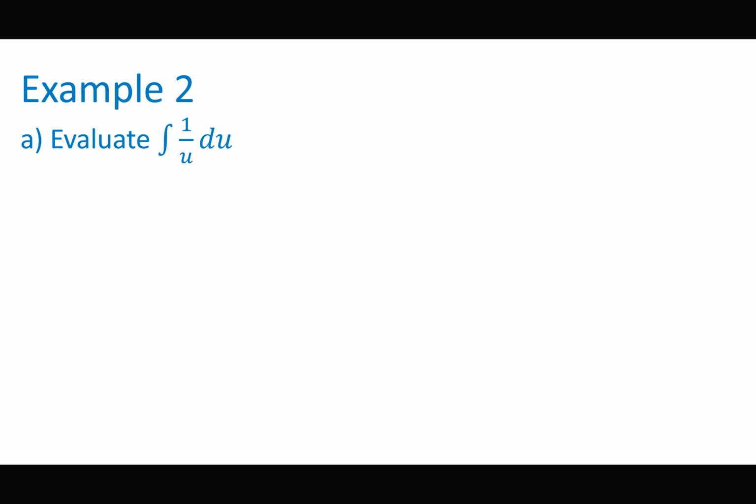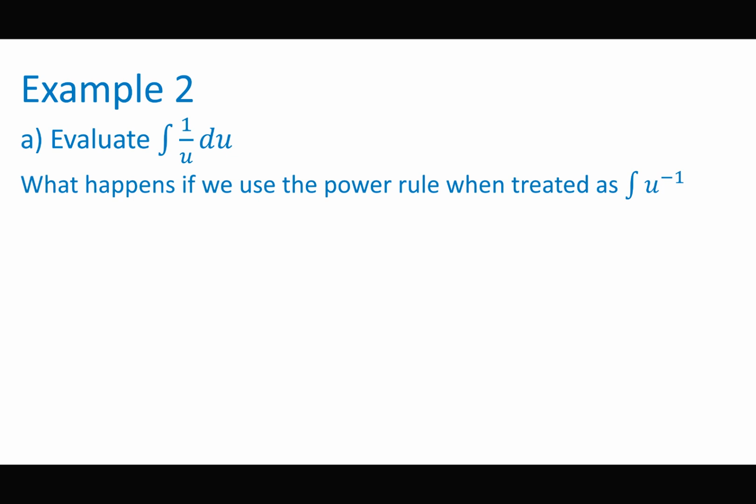So if I asked you to evaluate 1 over u du, and if I rewrote this using power rule to be u to the negative first, and I wanted to anti-differentiate u to the negative first, what would I do with that exponent negative 1?